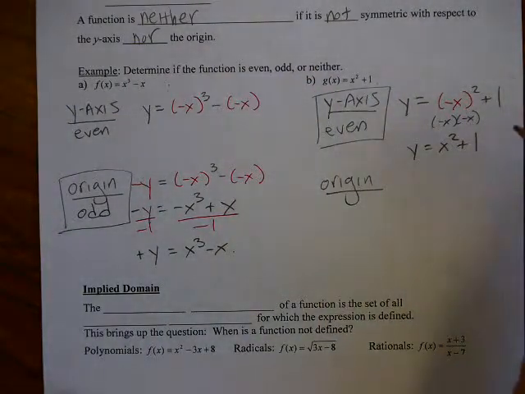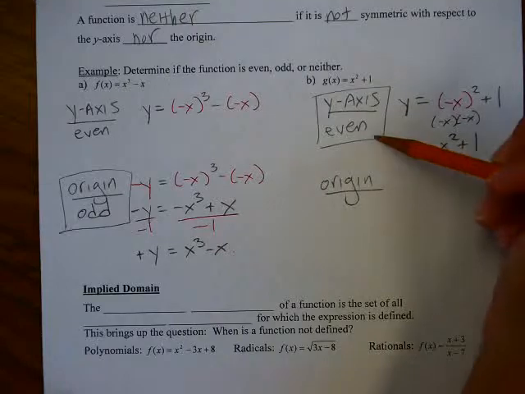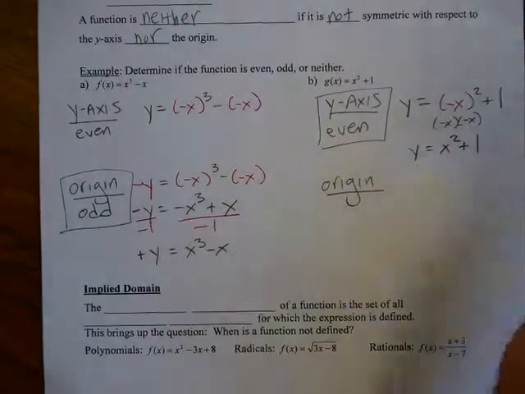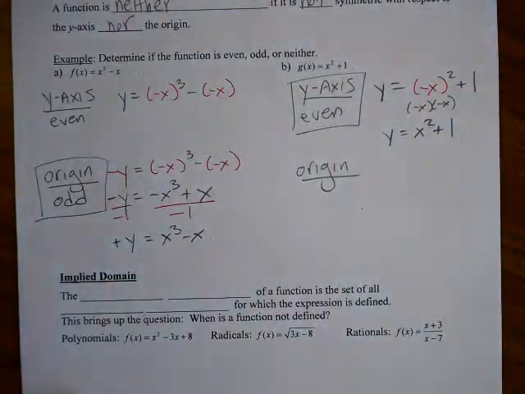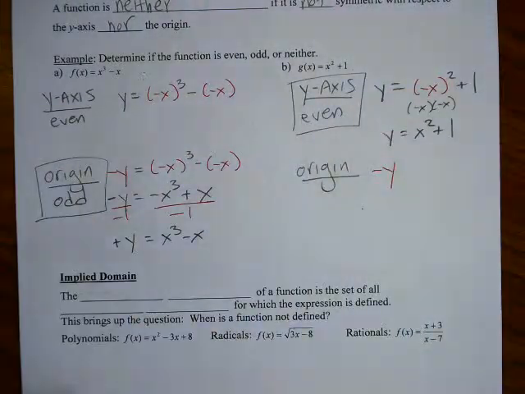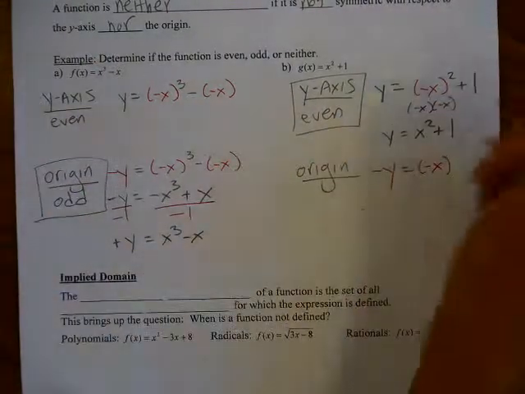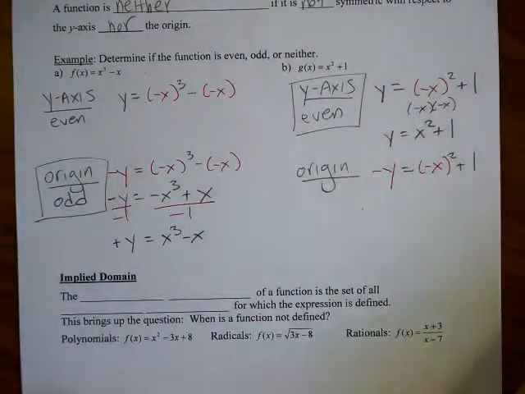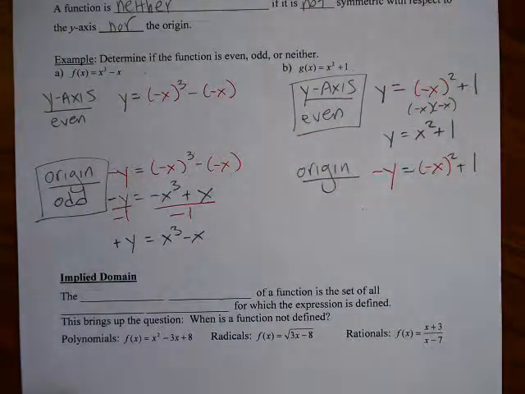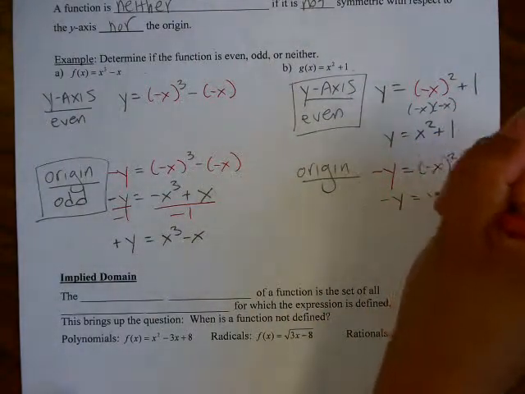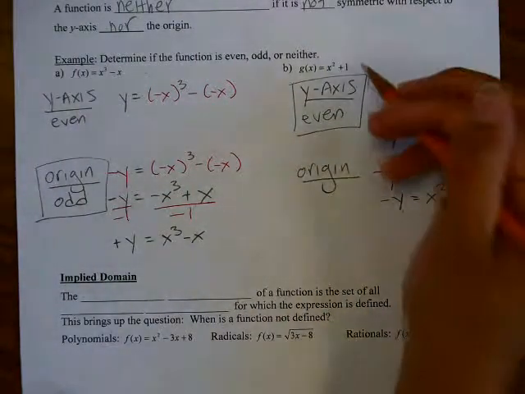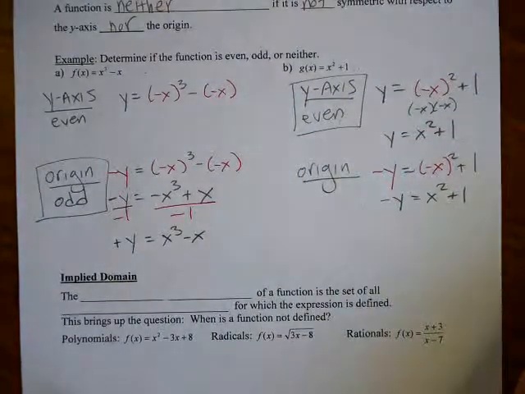Now, a function can never be both even and odd, but just for practice, let's check it. Also, if you check it and you get yes for both of them, you know you made a mistake somewhere and you need to go back and check your work. So here we get negative y equals x squared plus 1, not the same, so that's an even function.